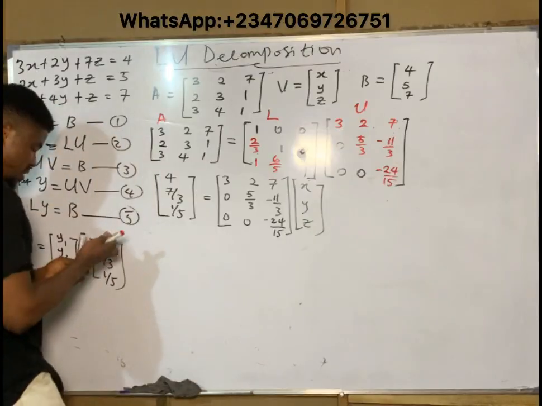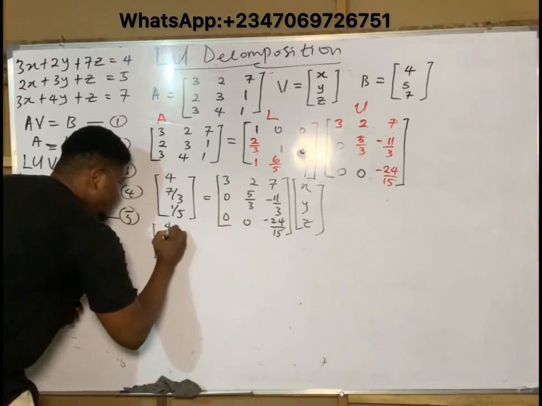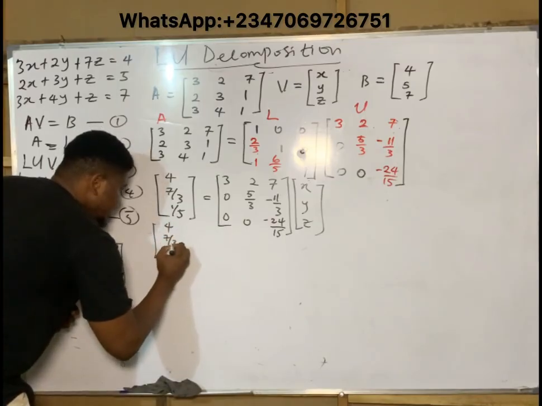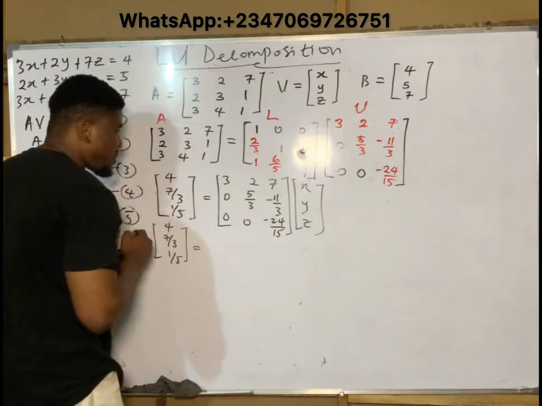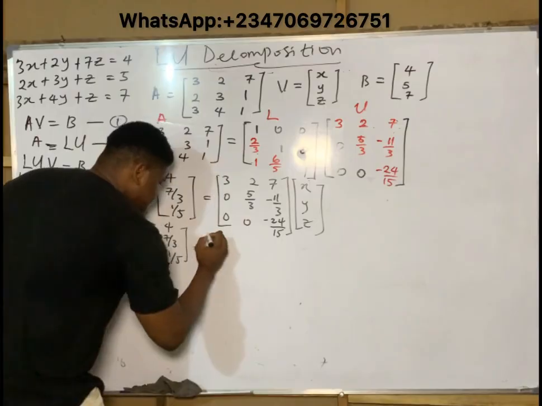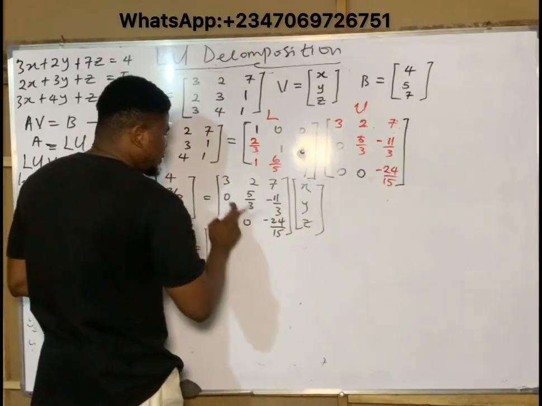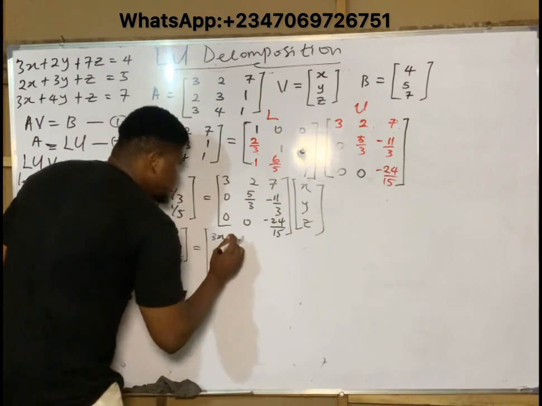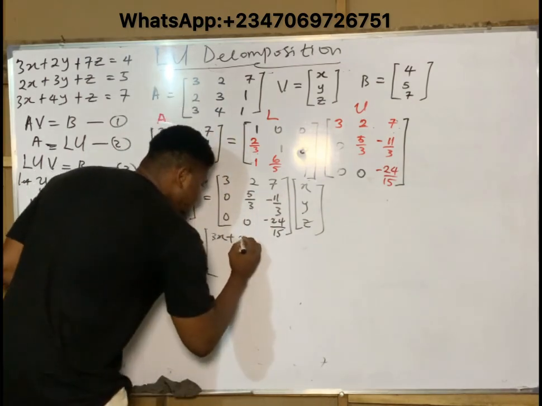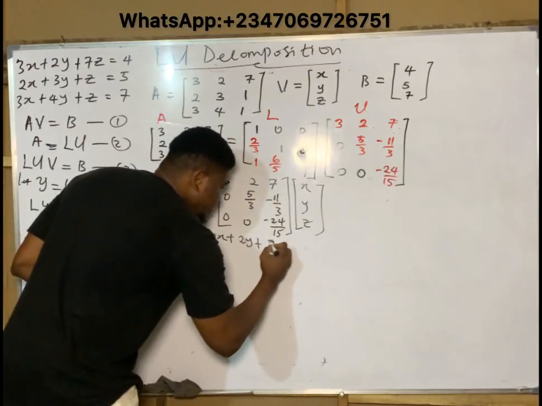So we perform our multiplication once again. The whole of this row multiplies the column. So I have 3 times X, which gives me 3X, plus 2 times Y, that's 2Y, plus 7 times Z, that's 7Z.